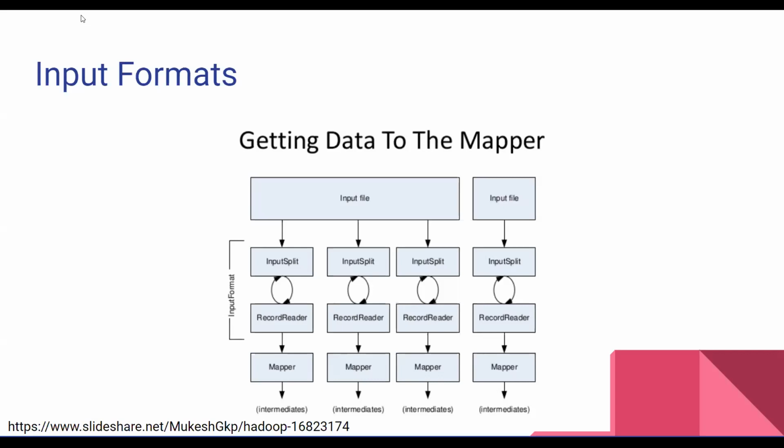And the size is used to order the splits so that the largest get processed first, in an attempt to minimize the job runtime. As a Hadoop developer, you don't need to deal with the input splits directly, as they are created by an input format in general.